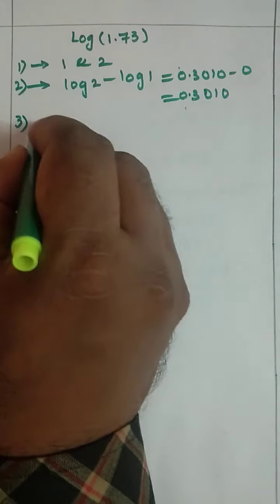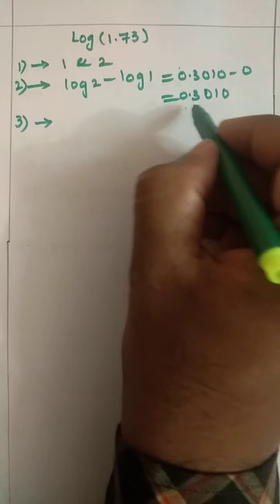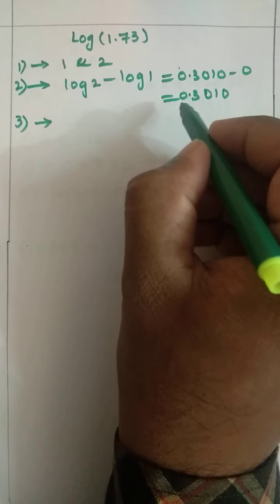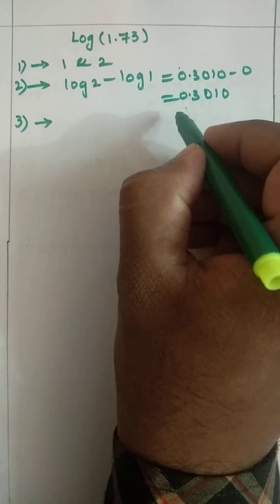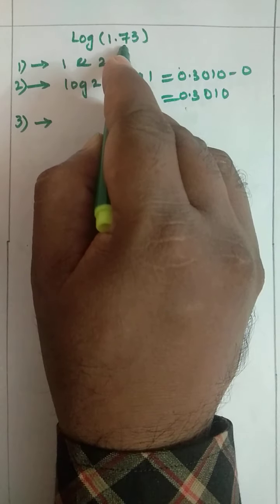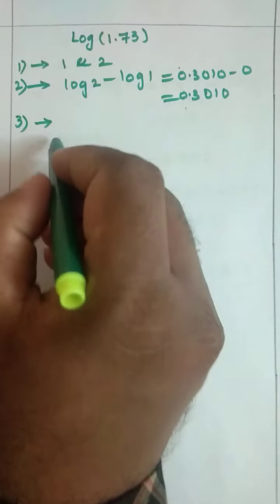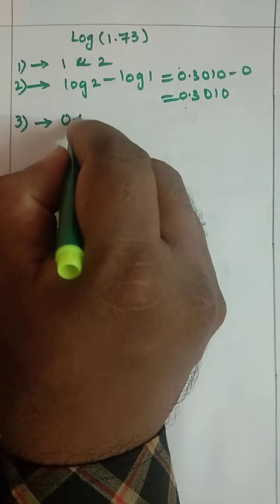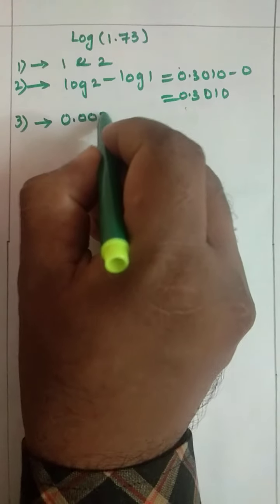Then what will be the third step? To the above answer we need to add zeros equal to the number of digits present after the decimal point. So here after the decimal point you have two digits, 73, so you have to add these two zeros: 0.003010.